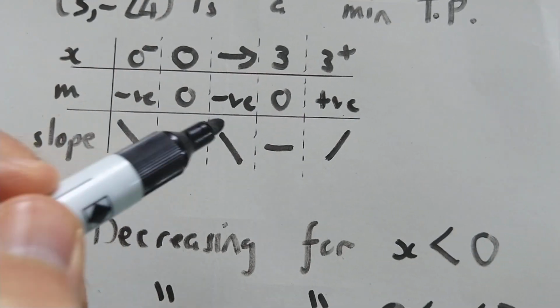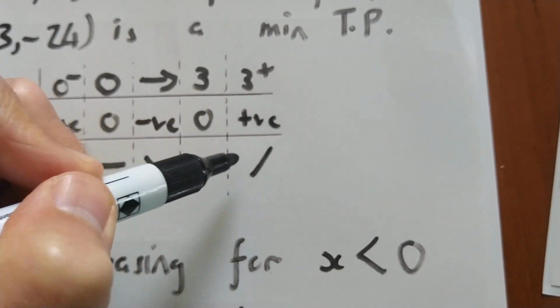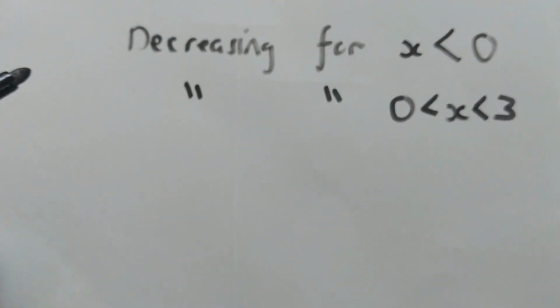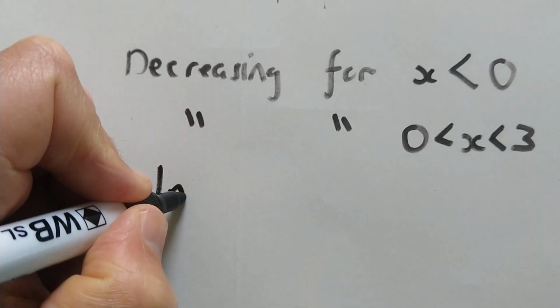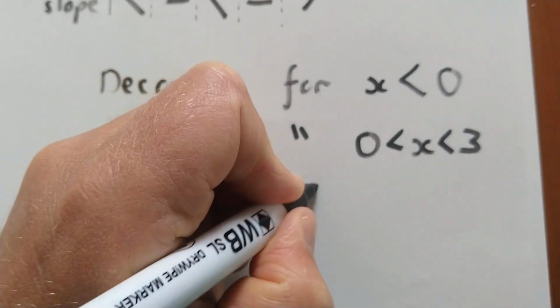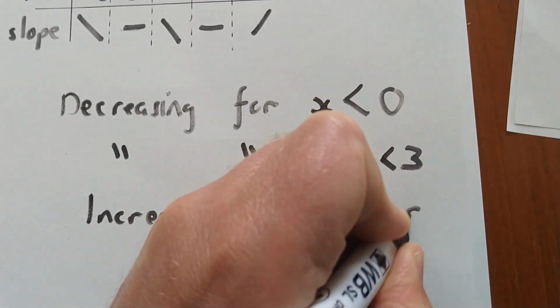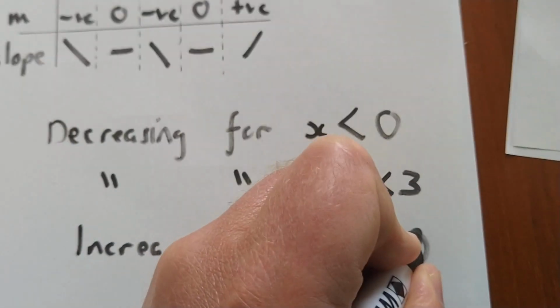That took care of this bit and this bit. Oh, and finally it's increasing once x gets past 3. So I'm going to say the function is increasing for x is more than 3.